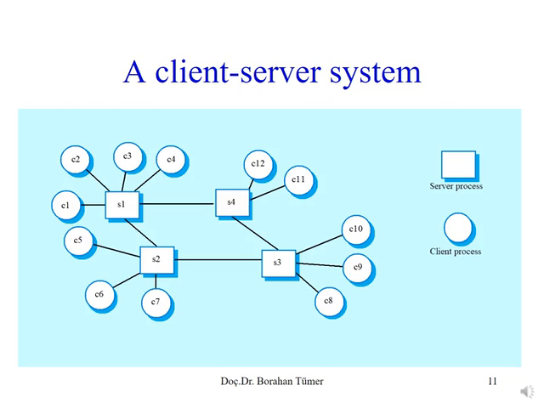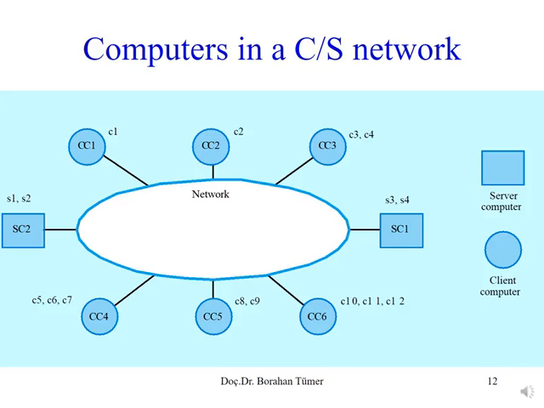Here you can see a sample client-server system with server processes shown in rectangles and client processes shown in circles. And here you can see the process-to-processor distribution of the client-server system from the previous slide.